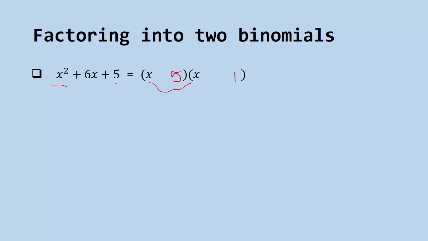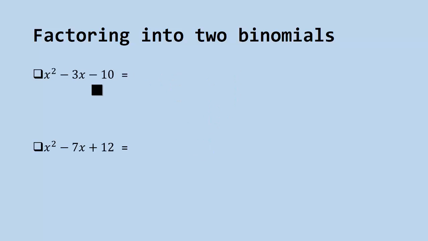To get a positive 5 at the end when I'm multiplying 5 times 1, they both need to be of the same sign. Whether they're both minus or both plus, they'll give me a positive when multiplied together. I'm going to choose a plus, because if I multiply these out using the FOIL method, the outside terms would be 1x, the inside terms would be positive 5x, and that gives the positive 6x I have in my middle term.